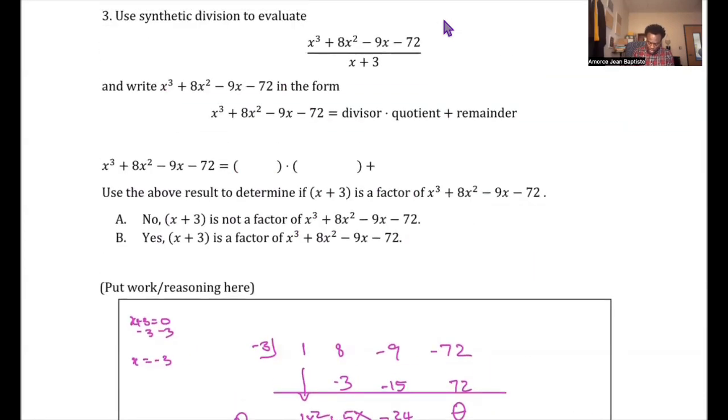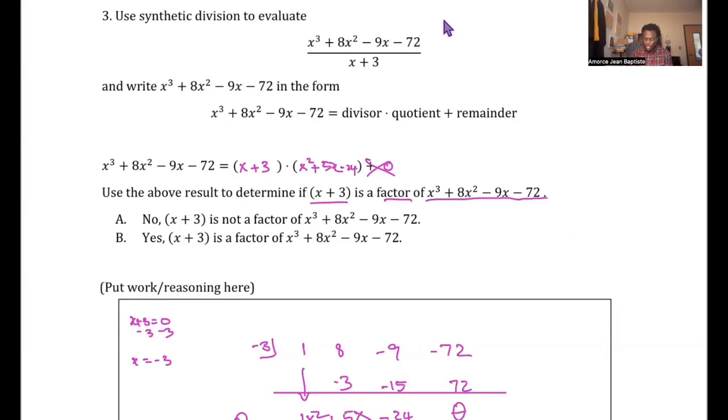So if we want to place them in here, we can have x plus 3, x squared plus 5x minus 24. And then the remainder is 0, so we don't need that part. The question is, use the above result to determine if x plus 3 is a factor of x cubed plus 8x squared minus 9x minus 72.